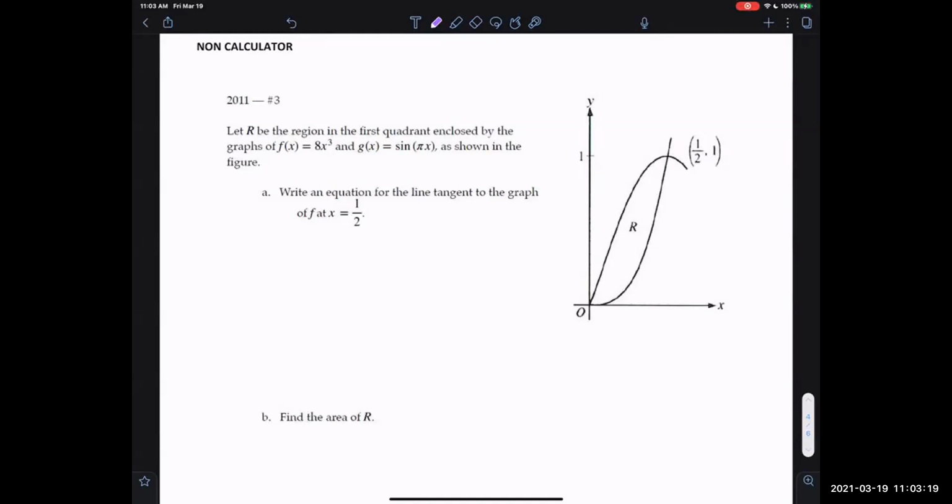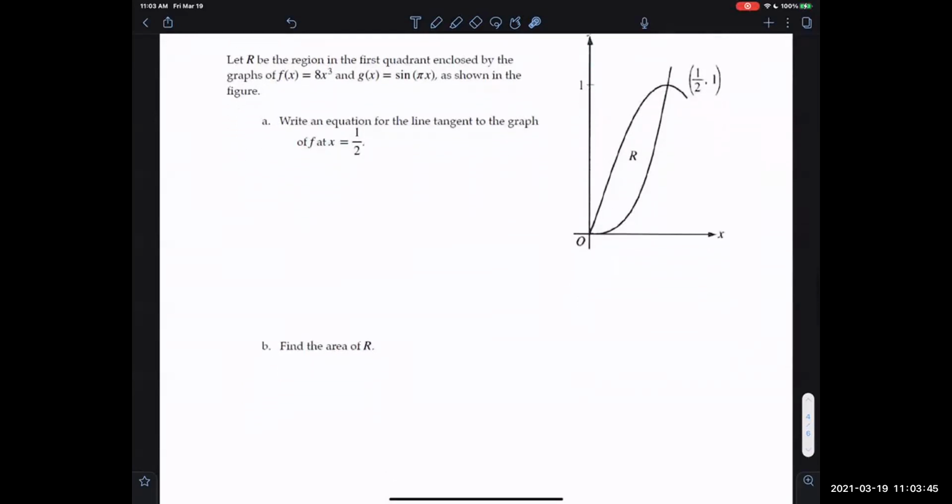I believe right minus left might work as well, but notice how your equations are given to you right here. I certainly wouldn't want to force that to x equals if I didn't have to. So I'm going to skip right to this part B, find the area, to keep the video a little bit short. Maybe go through part A in class. Okay, so I'm going to go right to part B.